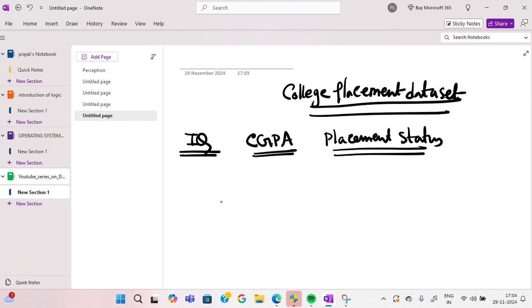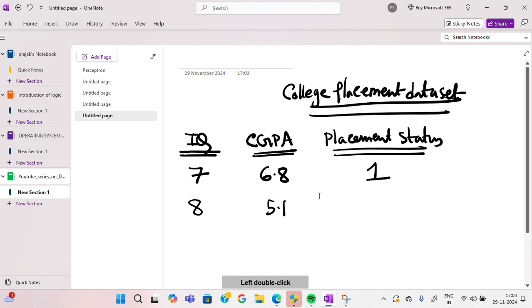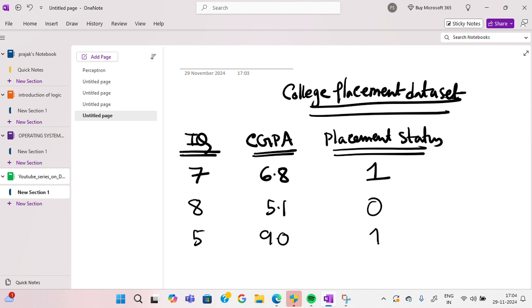If I consider a student's IQ is 7, CGPA is 6.8, placement is 1, that means that very student is placed. If a student's IQ is 8, his CGPA is 5.1, placement status is 0. Again, IQ is 5, CGPA 9, placement status is 1. So I'm getting these types of data from that particular data set.